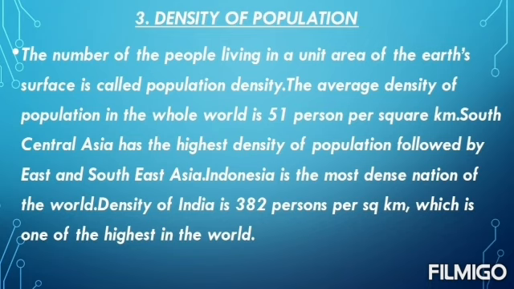The average density of the population in the whole world is 51 persons per square kilometer. South Central Asia has the highest density of population, followed by East and Southeast Asia. Indonesia is the most dense nation of the world. Density of India is 382 persons per square kilometer, which is one of the highest in the world.